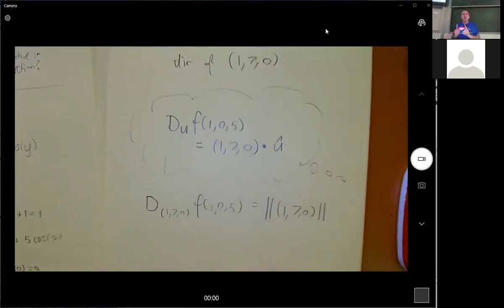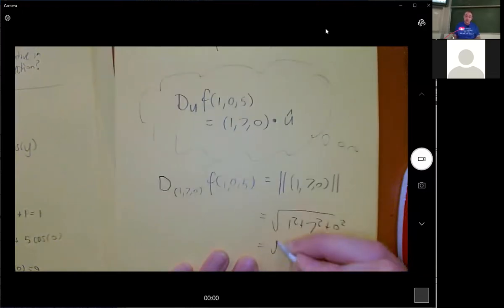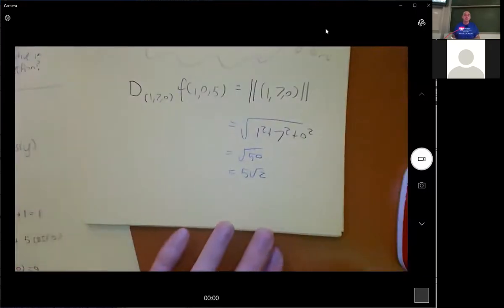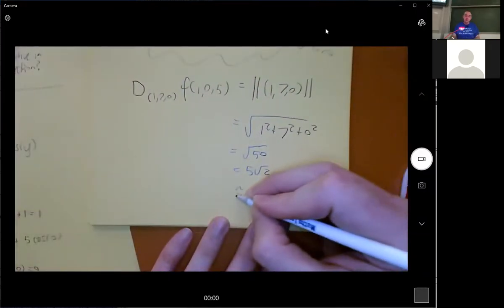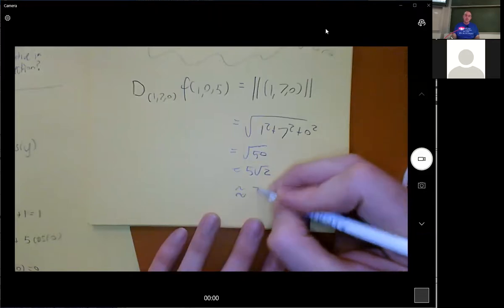So only in the situation when you happen to be moving in the same direction as the gradient, the directional derivative will be the length of the gradient. So this will be root of 1 squared plus 7 squared plus 0 squared, which is root 50. Which if we really wanted, we could say that that was 5 root 2, but that's not really any better. You know, it's going to be like 7 point something.